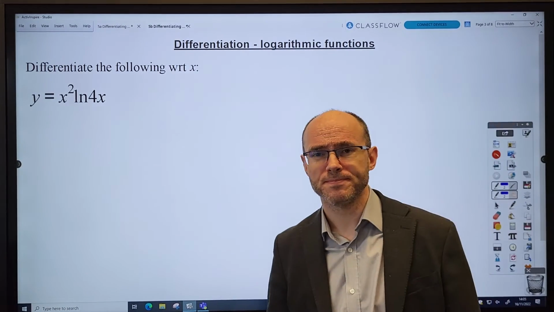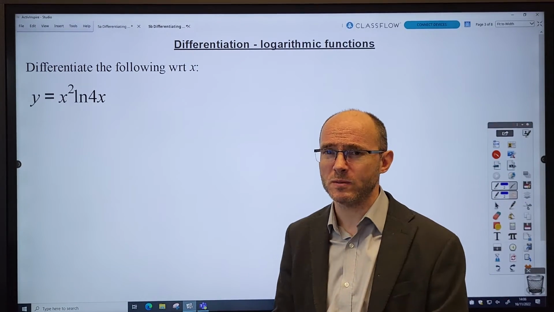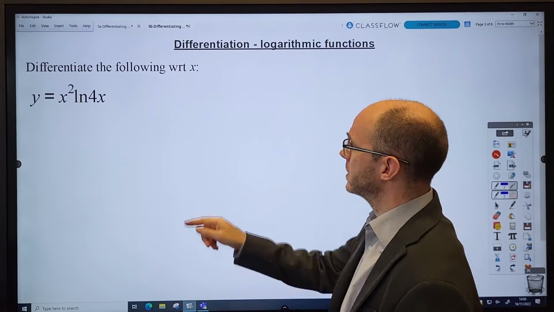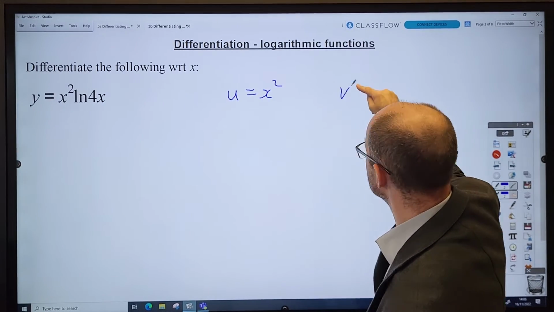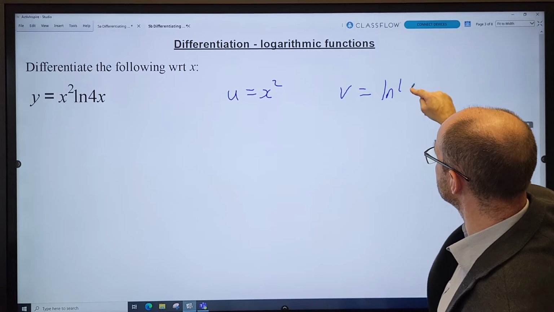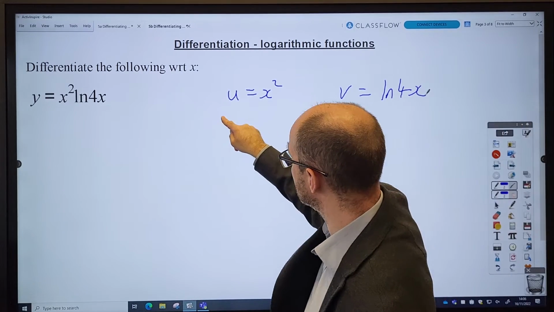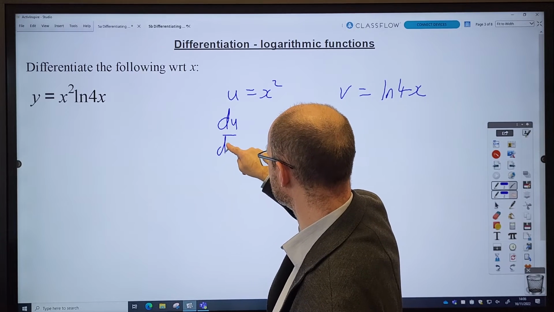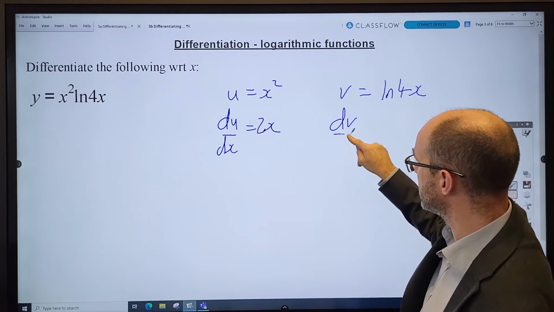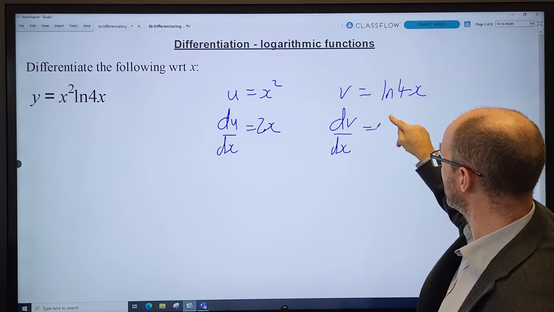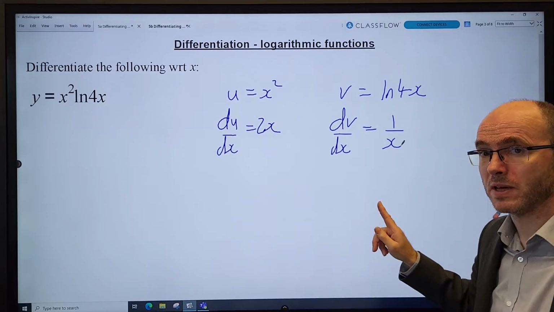Another example. Have we got this one? Yes, so I'm giving you a product rule question now with natural logarithms. So you'd have u is equal to x squared, v is equal to natural log 4x, and then you need to do du/dx, which is 2x, and then you need to do dv/dx. Remember what that is? Yeah, it's 1 over x. Remember that result.